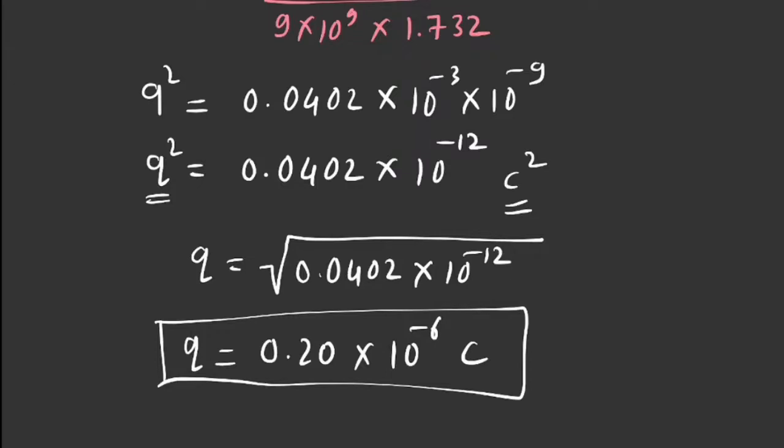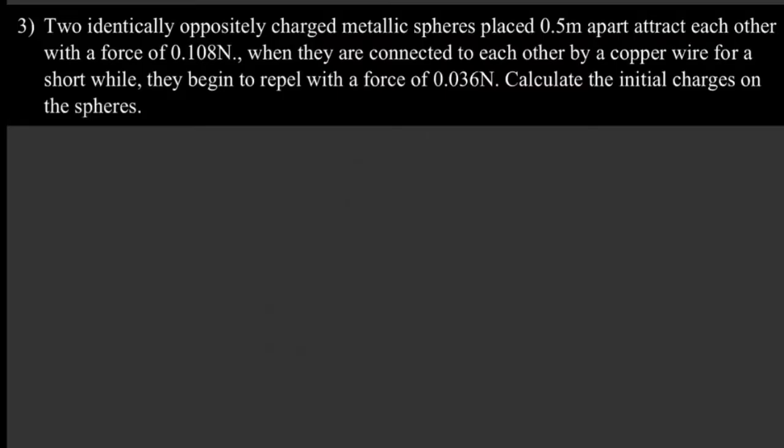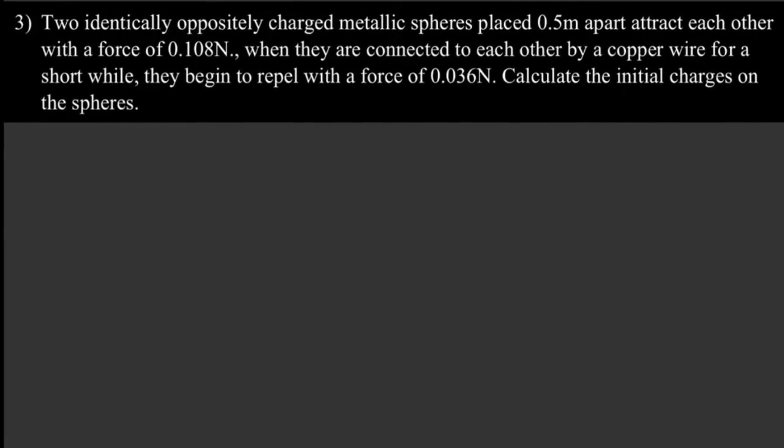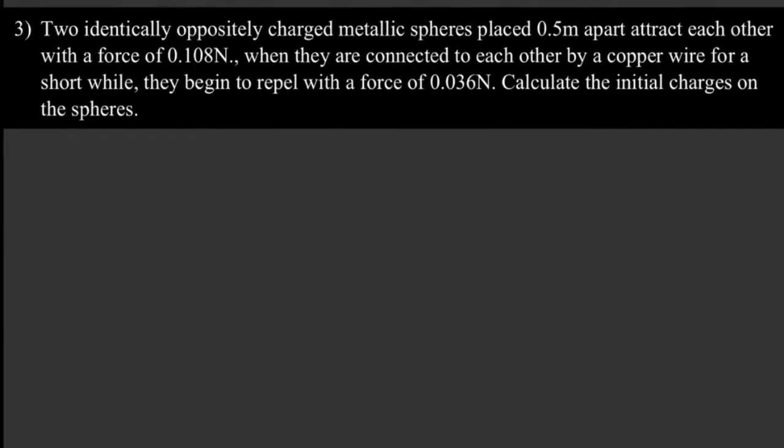Now let us move towards the next numerical. Now we have another, third numerical. Read the numerical properly. Two identical oppositely charged metallic spheres placed 0.5 meter apart attract each other with a force of 0.108 Newton.